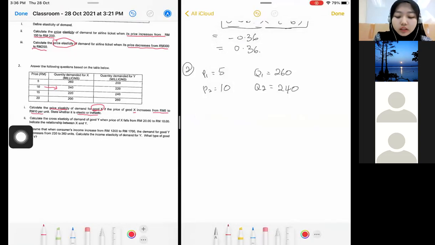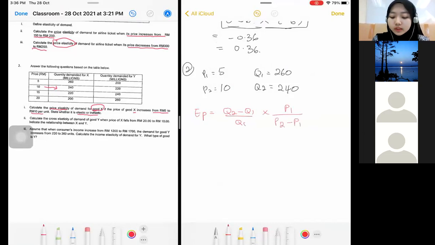Because this is price elasticity, the formula would be Q2 minus Q1 over Q1, times P1 over P2 minus P1. Just place all the numbers in the formula. Q2 is 240 minus 260 over 260, times 5 over 10 minus 5.